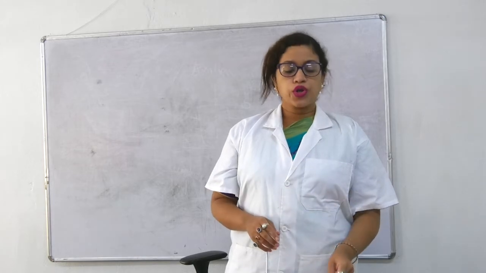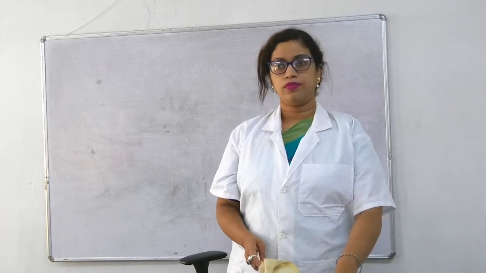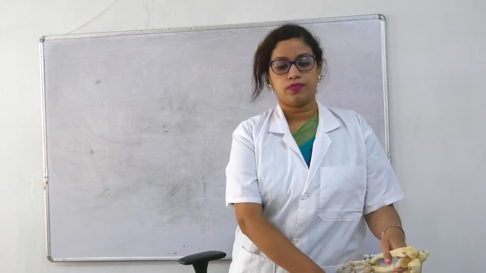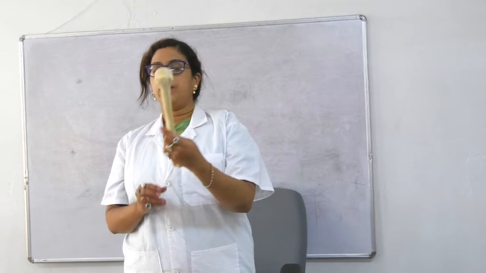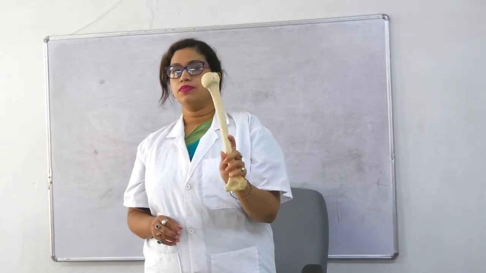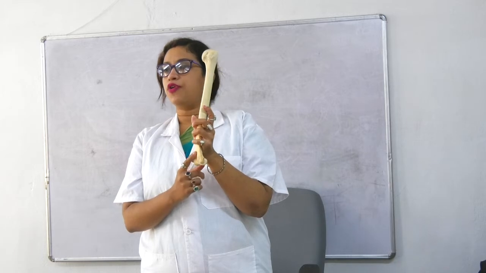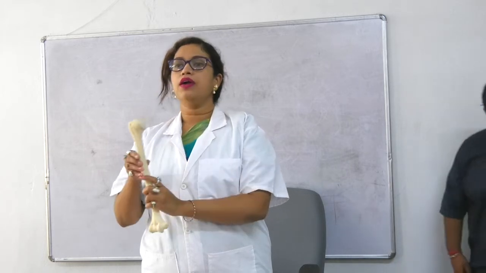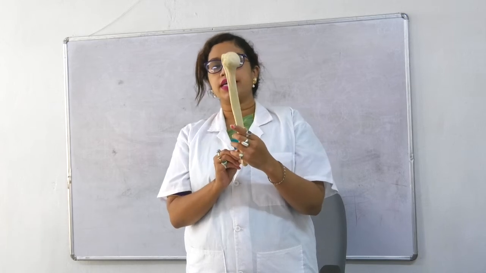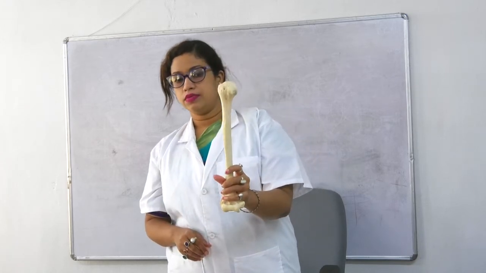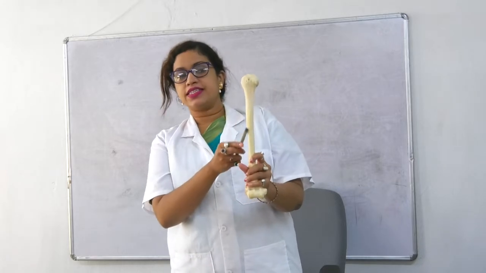Could you tell me which one is the radial groove? Which side of the humerus is this? Posterior. So this olecranon would also be posterior. Which one is the radial groove?